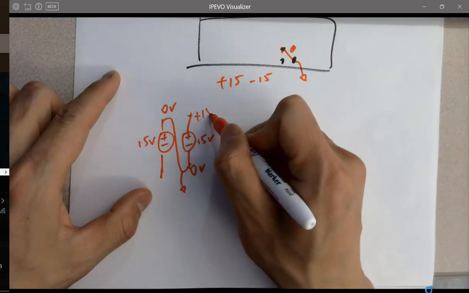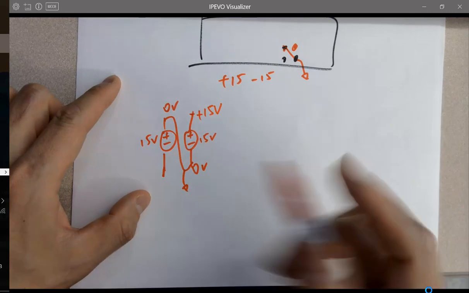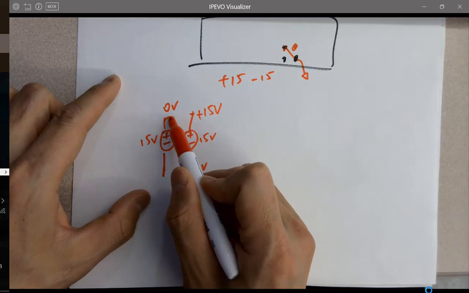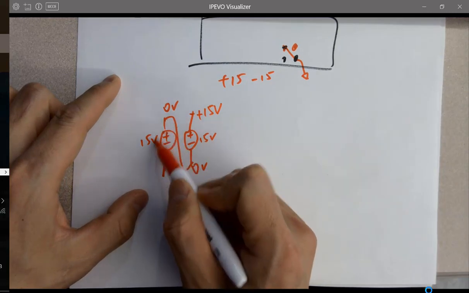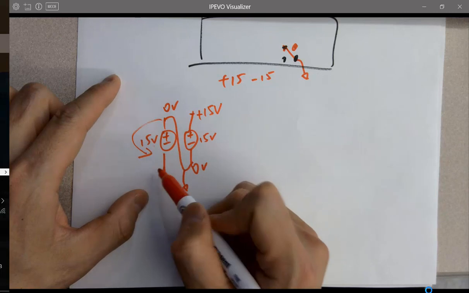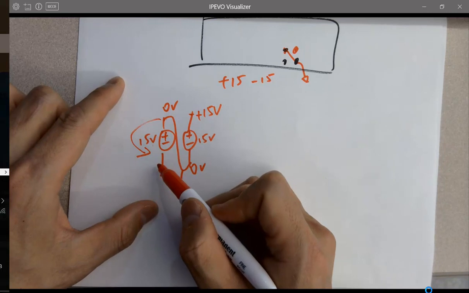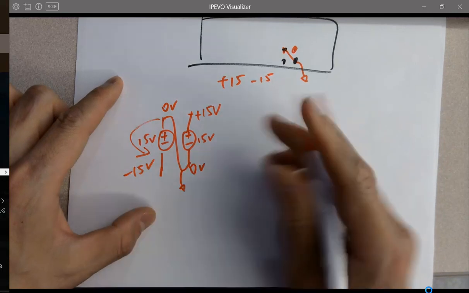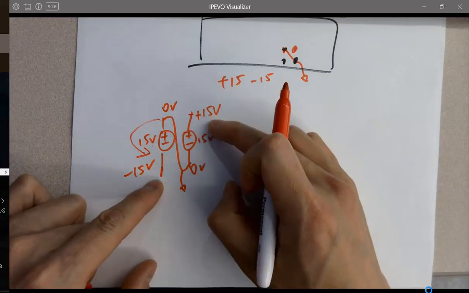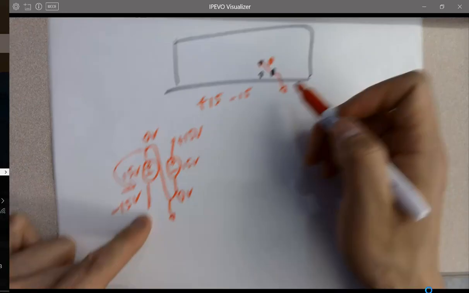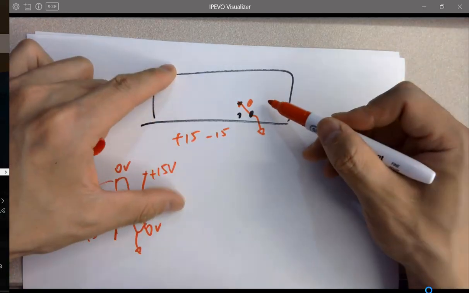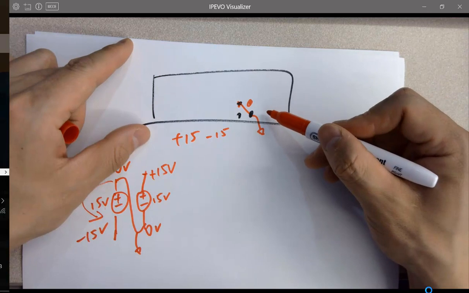Yeah, plus 15, right? What's the voltage here? 0. And the battery, from plus to minus, is going to step this voltage down to, yeah. So now you can get plus and minus 15 volts.